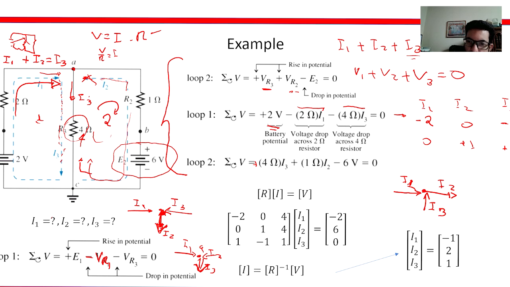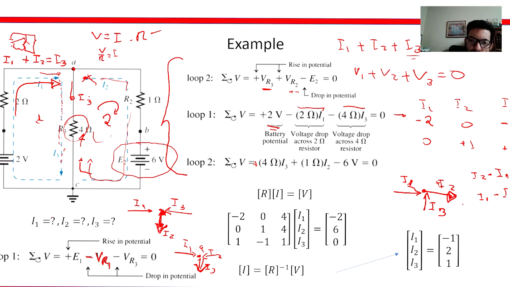And by convention, the currents going out from the node, outwards, are positive, and the currents going into the node are negative. So I2 minus I1 minus I3 equals 0, or we can change that by multiplying times -1: I1 minus I2 plus I3 equal to 0.